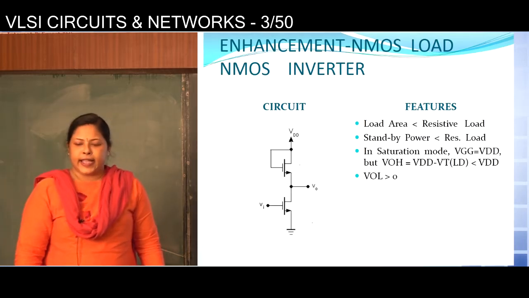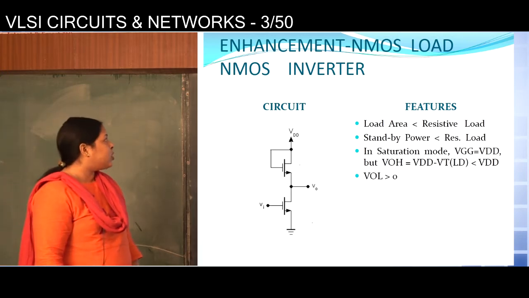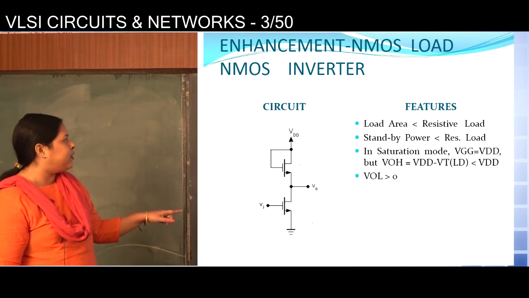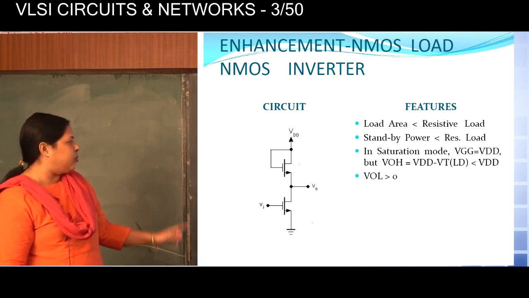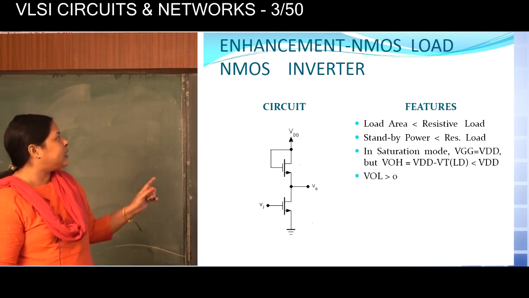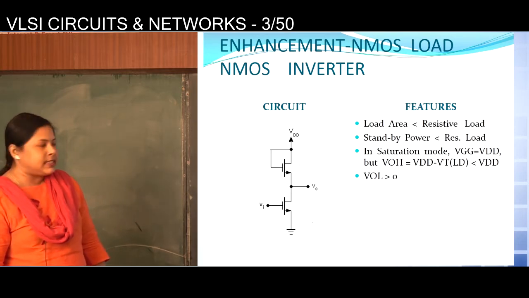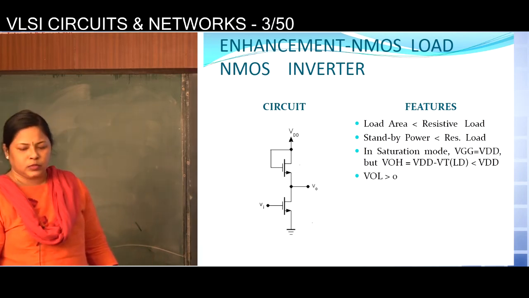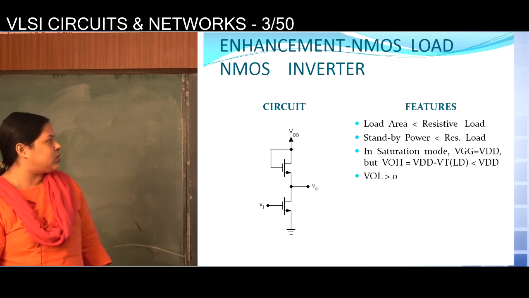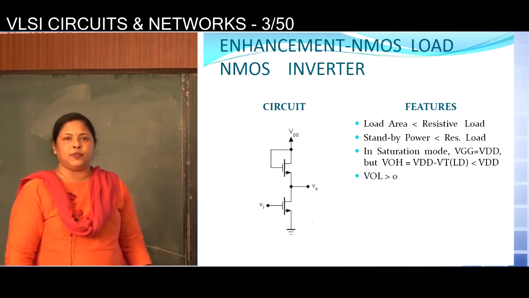Next one is enhancement NMOS load NMOS inverter. Why NMOS inverter? Because the driver, that means where we are giving the input, is one NMOS transistor, and the load is an enhancement NMOS load, where gate is connected with the drain terminal. Gate connected with the terminal means that transistor is acting as load, but this is called active load.